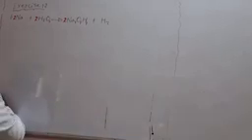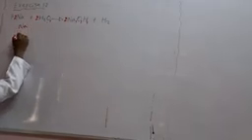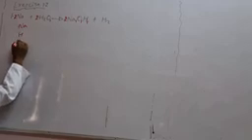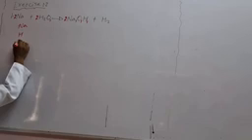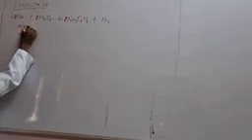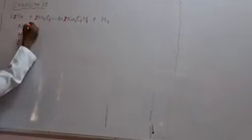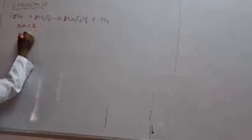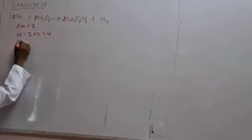Why? Because you can see sodium, hydrogen, and oxygen in the reactant: sodium is 2, hydrogen 2 times 2, oxygen 2 times 1, 2.